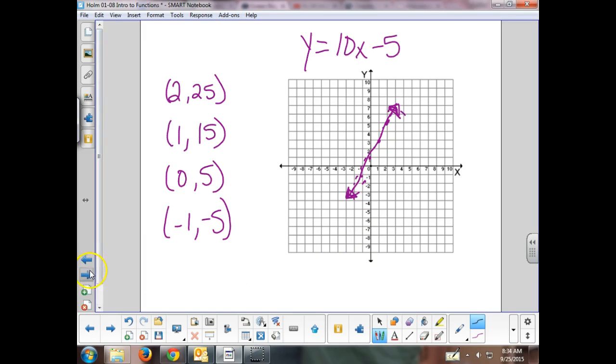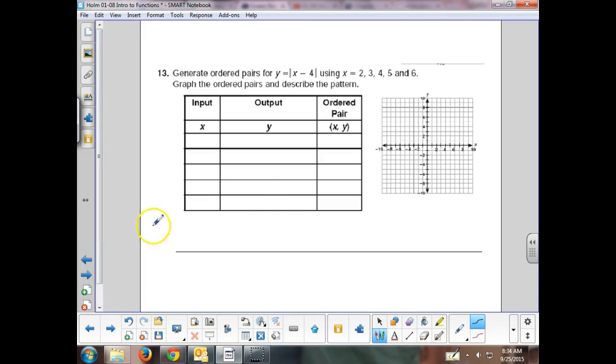All right, I think I just have one more word problem. Oh, no, got to do this one. So make a quick table. Here's the function. Y equals the absolute value of x minus 4. I'm going to just do this quiet. You can just go ahead and plug in 2, 3, 4, 5, and 6.